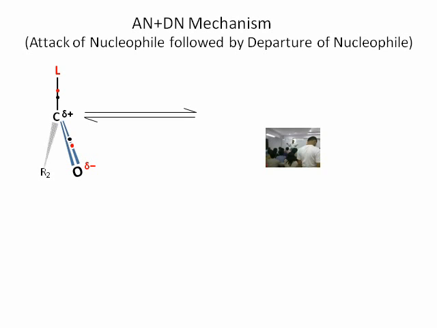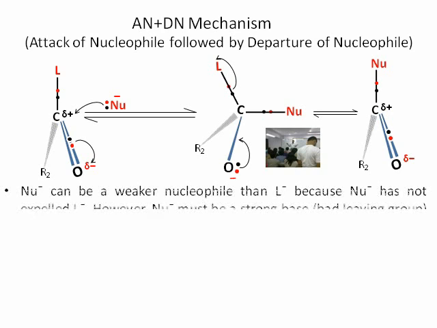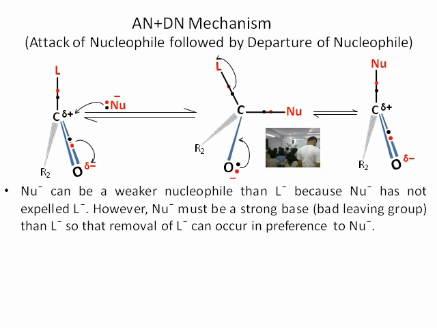If a nucleophile reacts on the molecule, pi bond is broken, you will get this carbon, and L minus will be removed again. This is a reversible reaction. Now Nu minus can be a weaker nucleophile than L minus, because actually Nu minus has not expelled L minus.